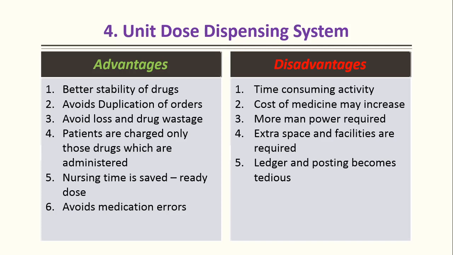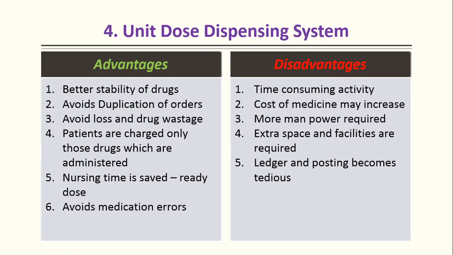So this is a major disadvantage, and it directly affects the budget of the hospital. Next disadvantage is that ledger and posting become tedious. It is also a major disadvantage of this system. So these are some advantages and disadvantages of unit dose dispensing system.